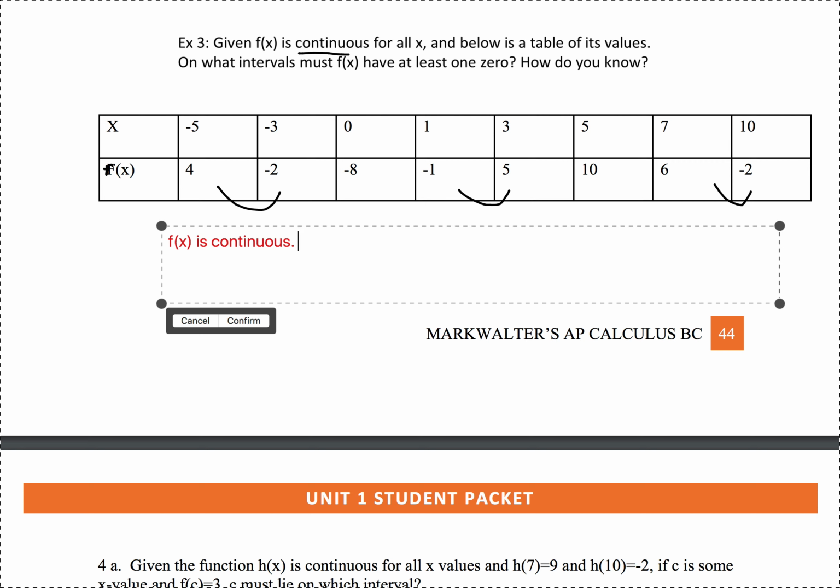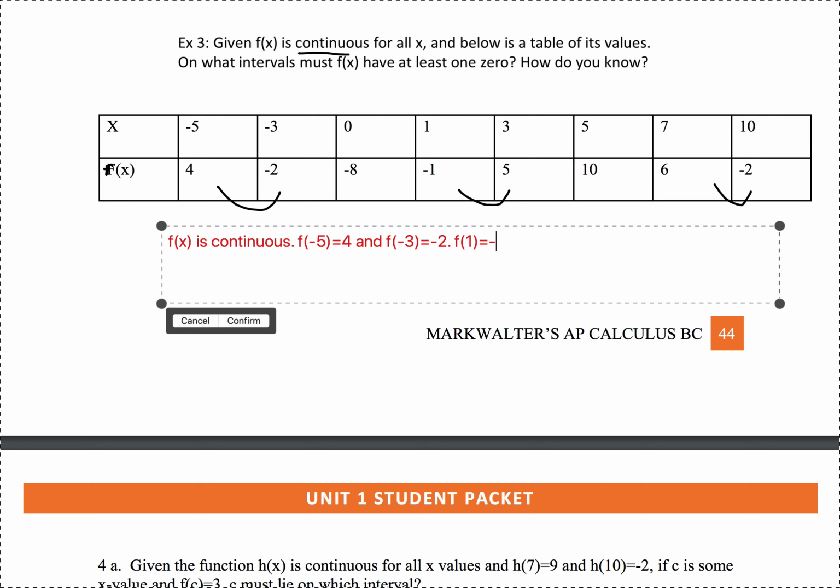And then we'll go ahead and use the same structure we did last time. Let's say f of -5 equals 4, and f of -3 equals -2. Sorry.